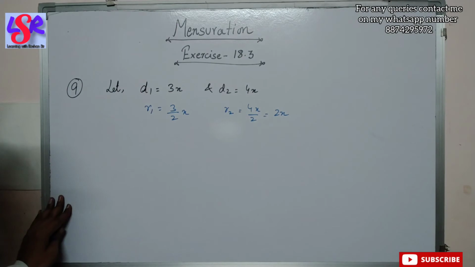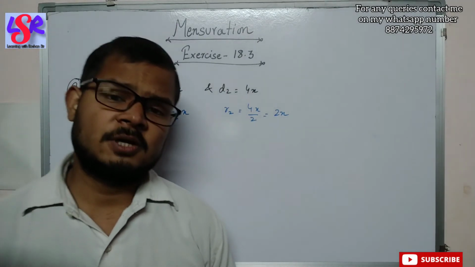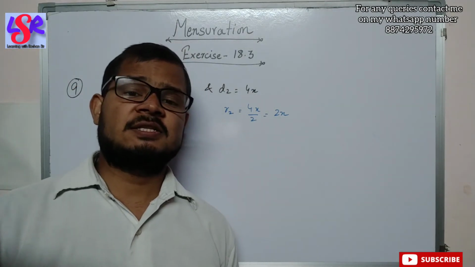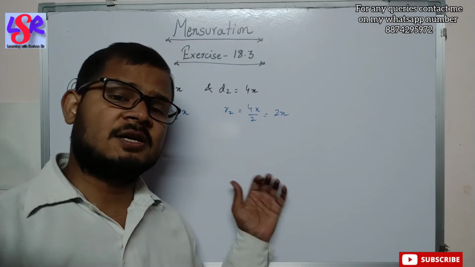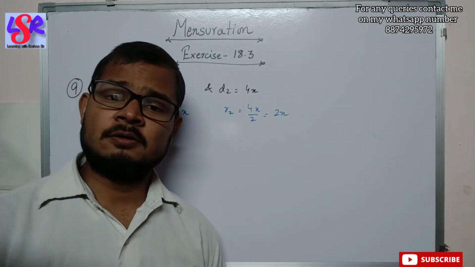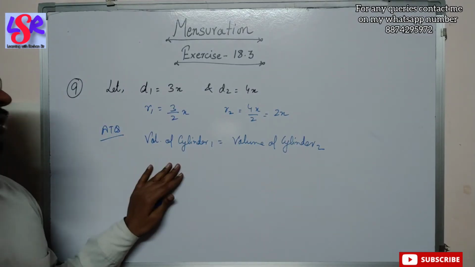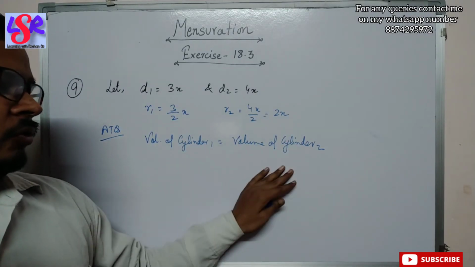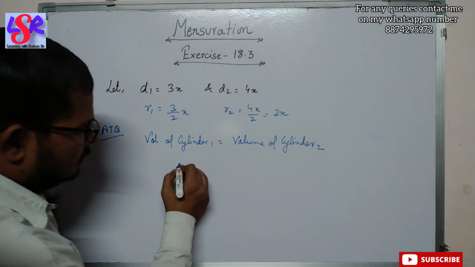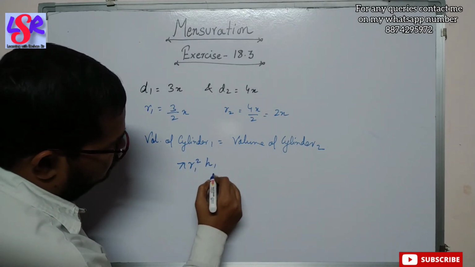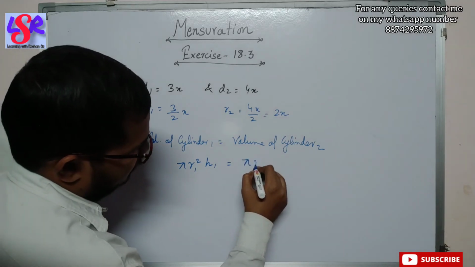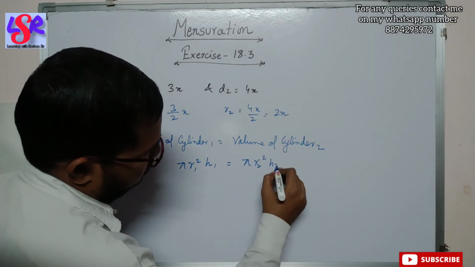Now we have been given that the volume of both of the containers is the same, as they are containing the same amount of milk. So the volume of cylinder 1 will be equal to the volume of cylinder 2. According to the question, we have volume of cylinder 1 equals volume of cylinder 2, that is pi r1 square h1 equals pi r2 square h2.